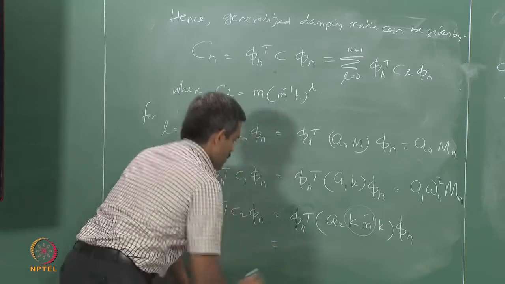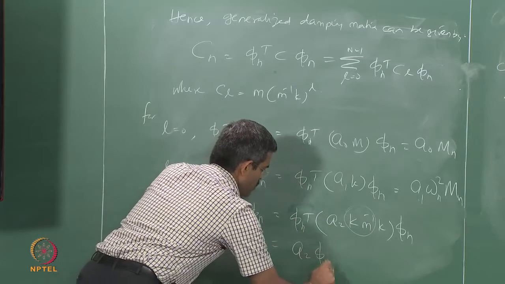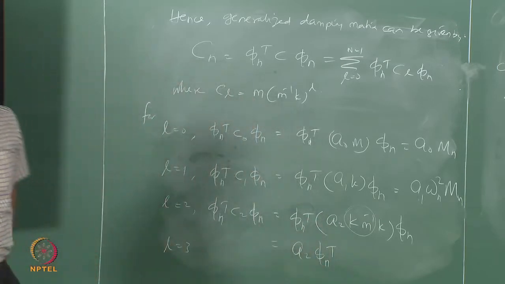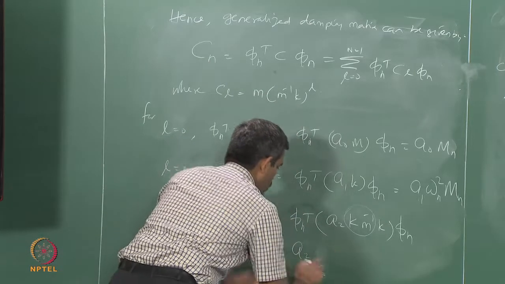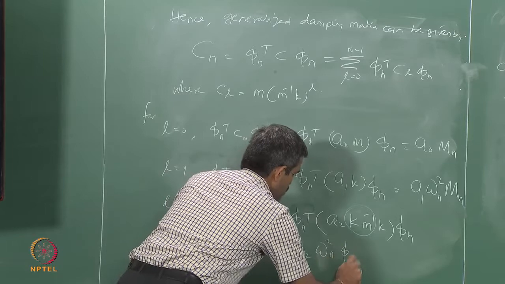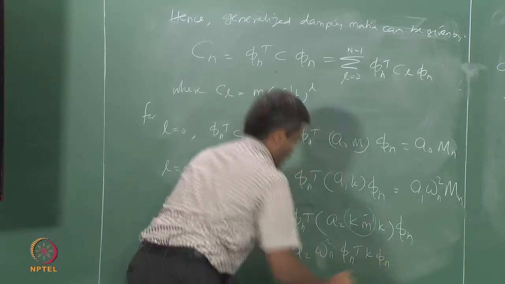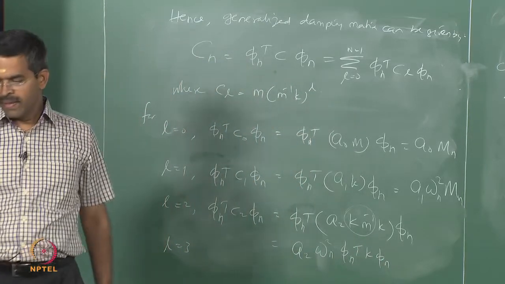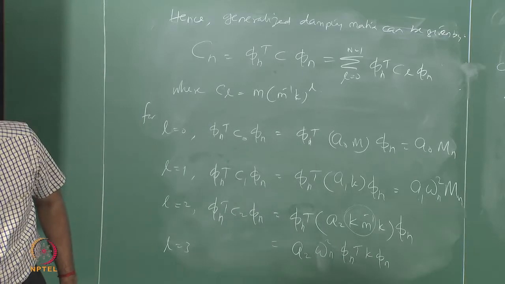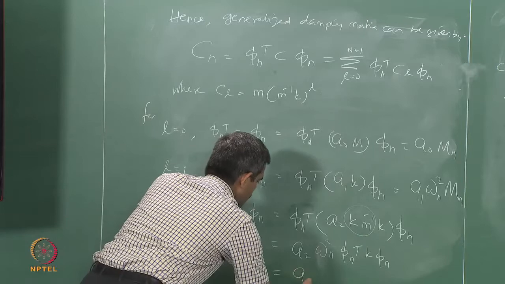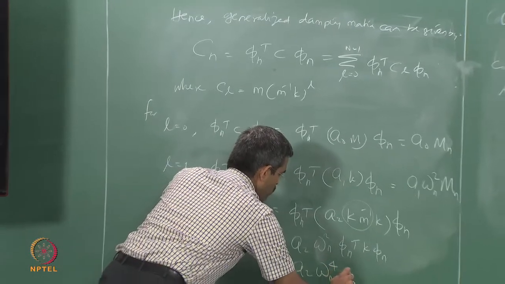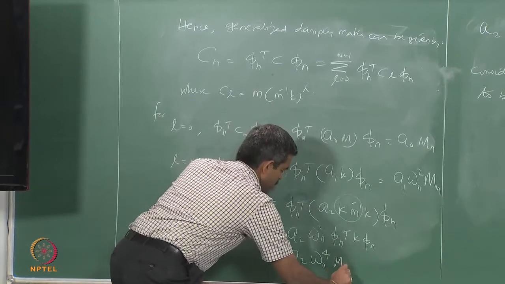So, A2 omega n square phi n transpose k phi n, which gives me A2 omega n to the power 4 m.